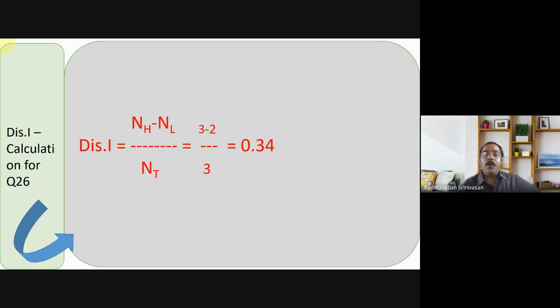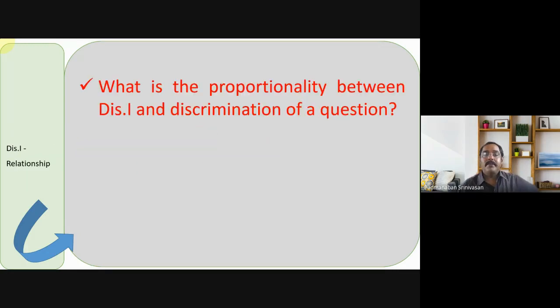Okay, that is what I am now going to tell. And one more question I am adding. What is the proportion between the discrimination index and the discrimination of a question?